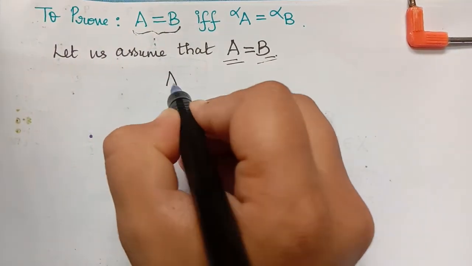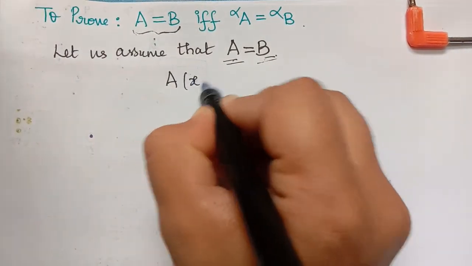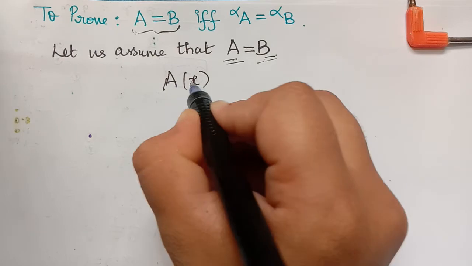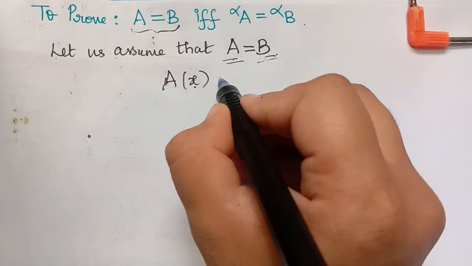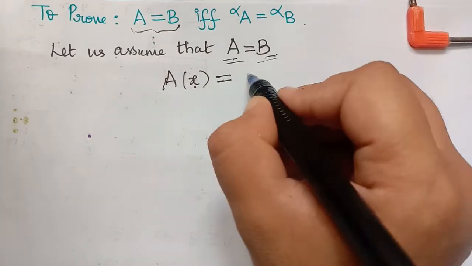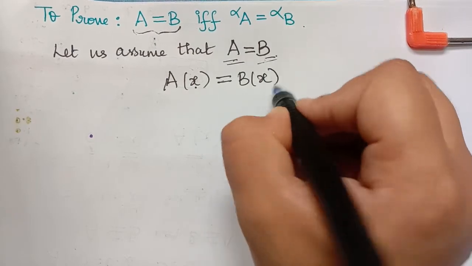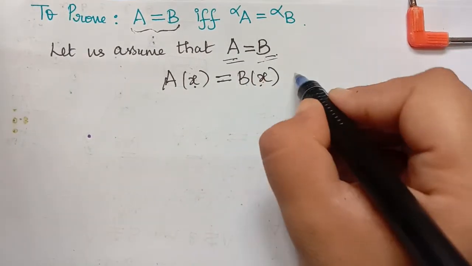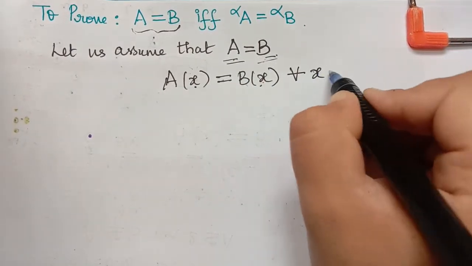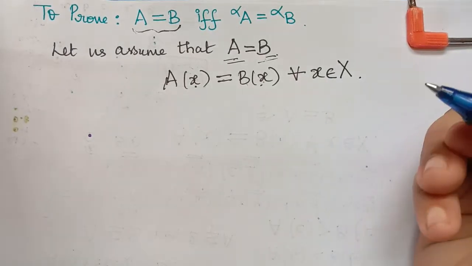That is, the membership grade of the element X with respect to the fuzzy set A is equal to the membership grade of X with respect to the fuzzy set B, and this should hold for all X, an element of capital X.